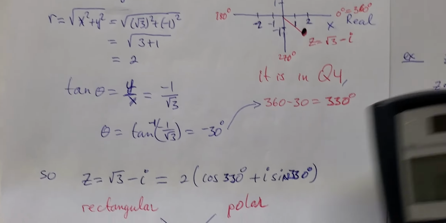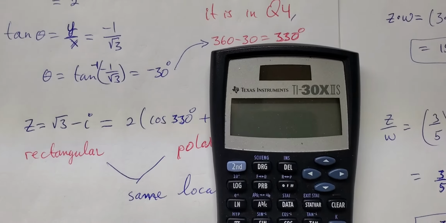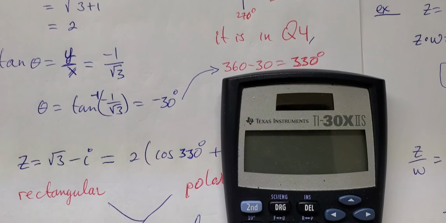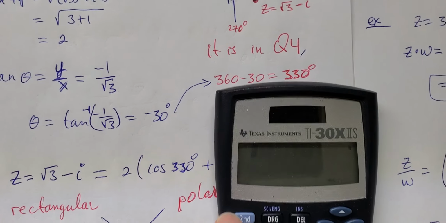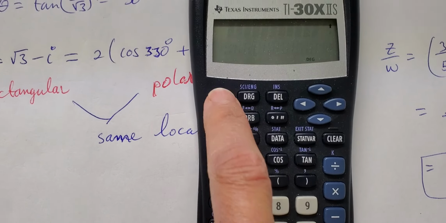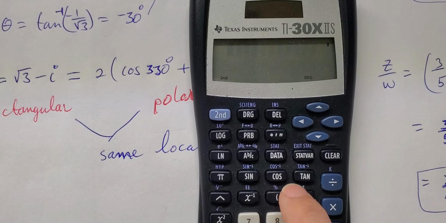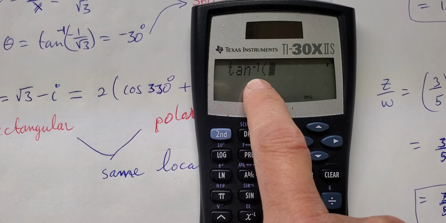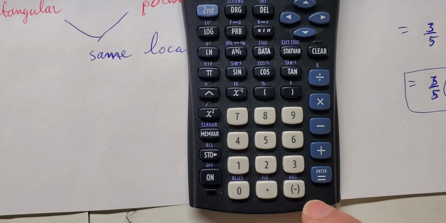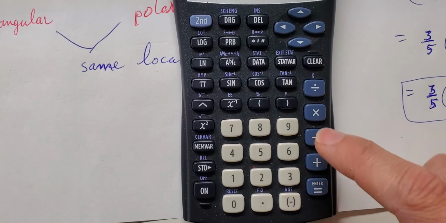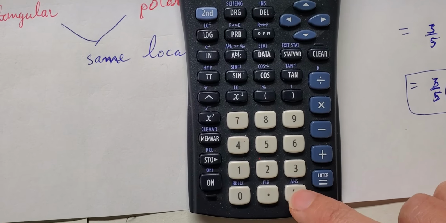Just to show you that it is -30, here we go. Turn this on, make sure you use tangent inverse, so second, tangent. There it is, tangent inverse. Put the -1 in, and be careful with your calculator. Sometimes there are two negatives.